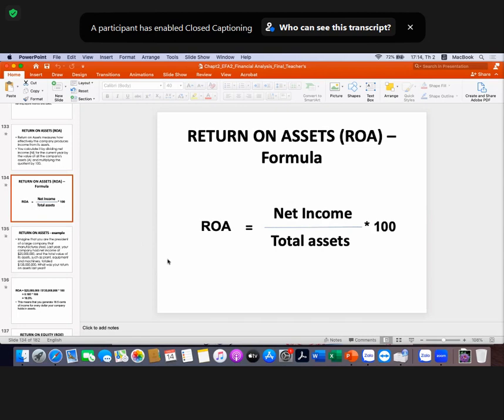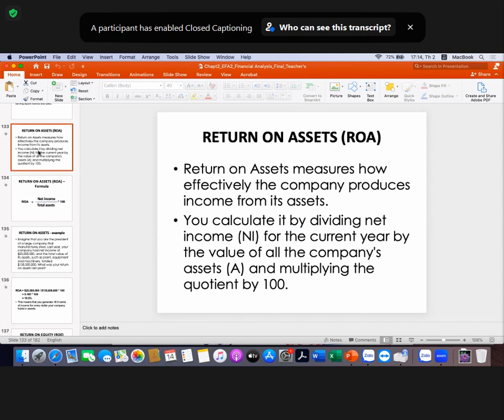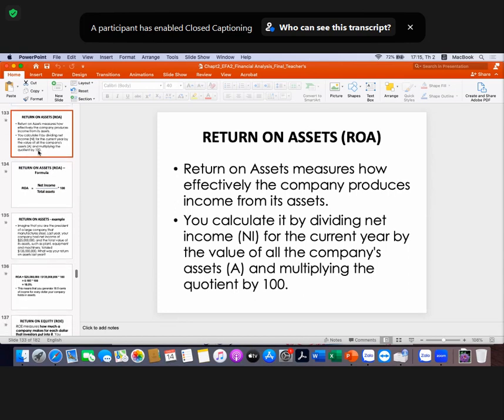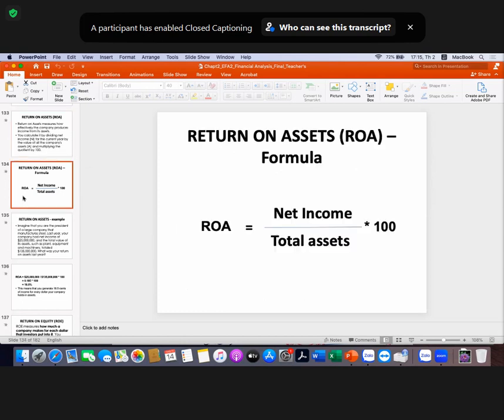Return on assets measures how effectively the company produces income from its assets. It's calculated by dividing net income for the current year by the value of all the company's assets and multiplying by 100.